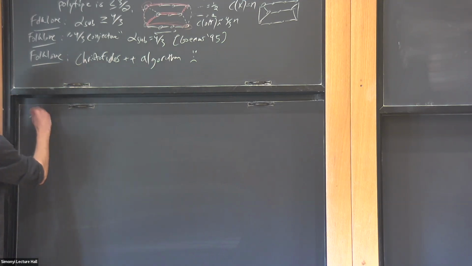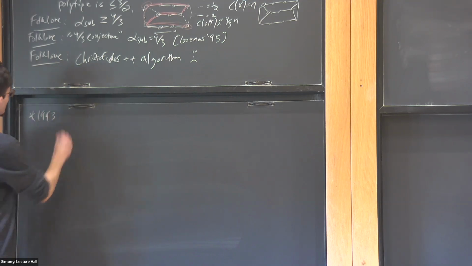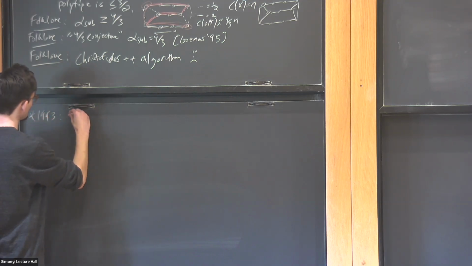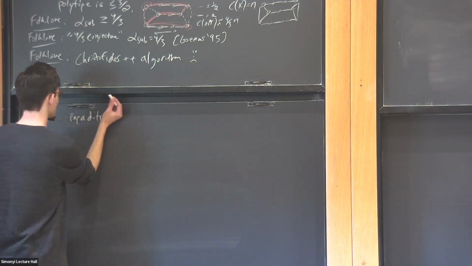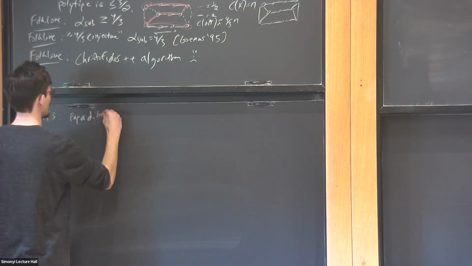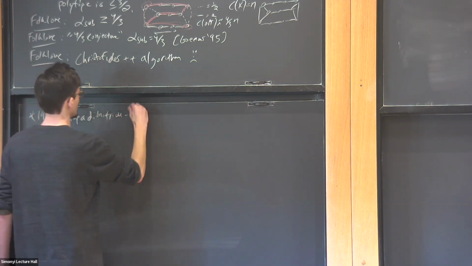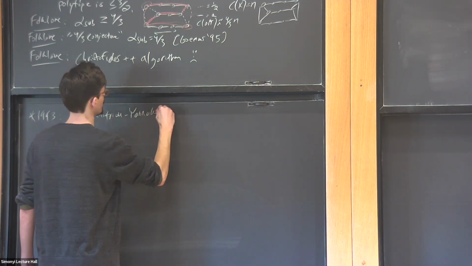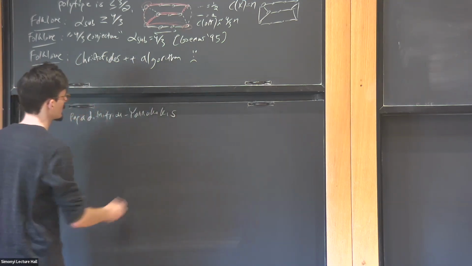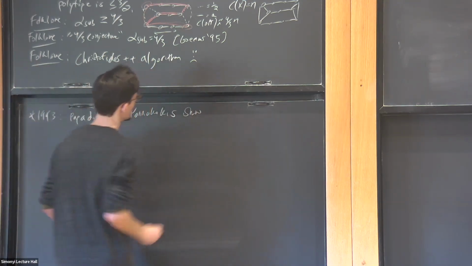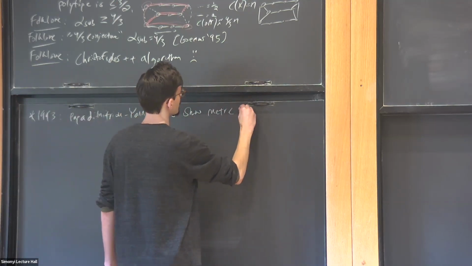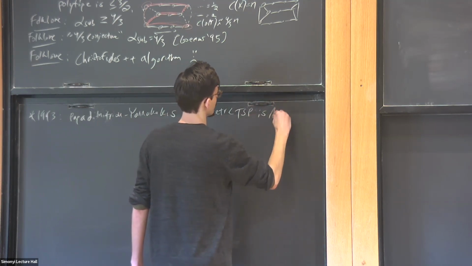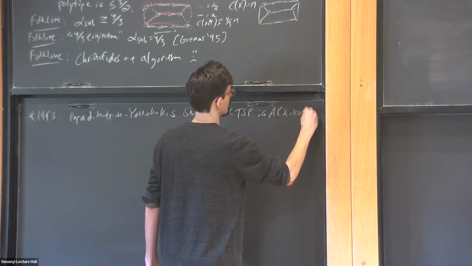The next very quick thing in history, 1993: Papadimitriou and Yannakakis showed that metric TSP is APX-hard.